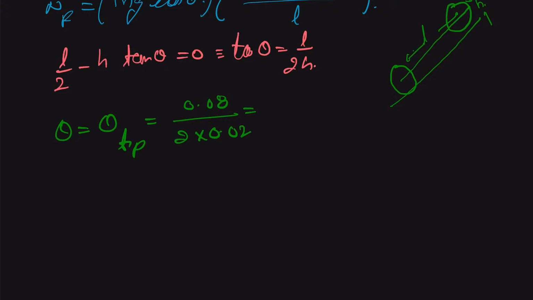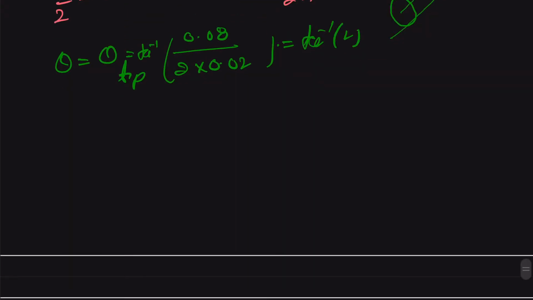So this comes as about 2, which will be equal to tangent inverse of 2. So therefore our theta tip will be approximately equal to 63 degrees.